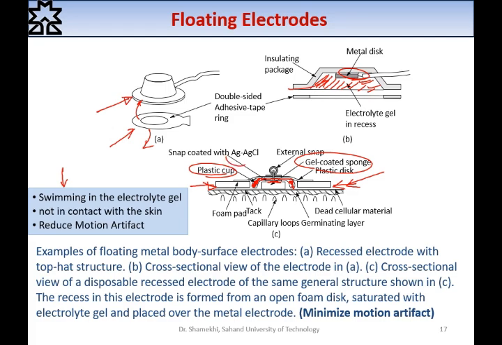This is an AgCl type electrode, and this type also will minimize motion artifact. But the price of this type of electrode is higher than the other types.